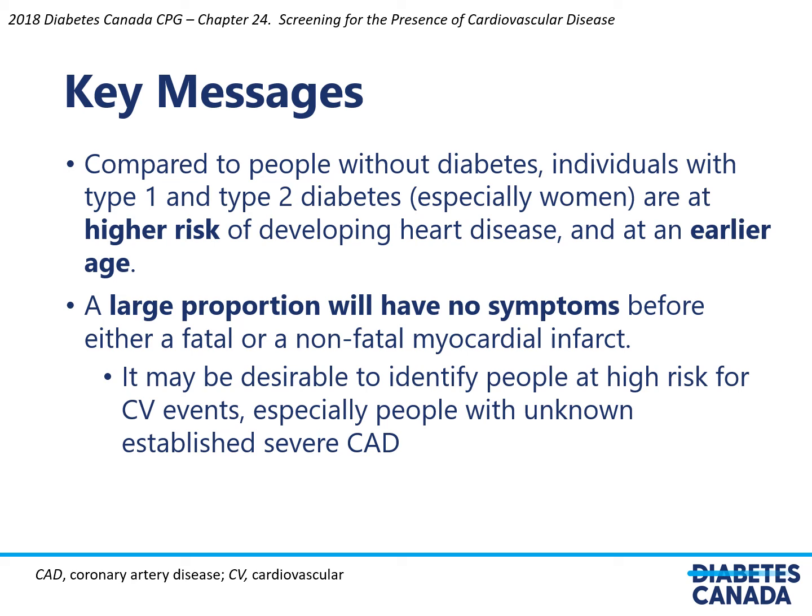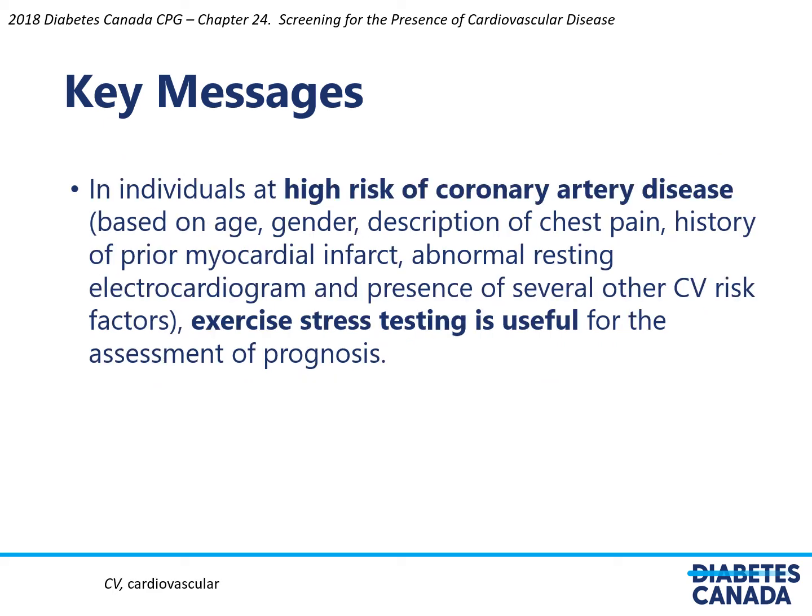It may be desirable to identify people at high risk for CV events, especially people with unknown established severe CAD. In individuals at high risk of coronary artery disease, based on age, gender, description of chest pain, history of prior myocardial infarction, abnormal resting ECG, and presence of several other risk factors, exercise stress testing is useful for the assessment of prognosis.